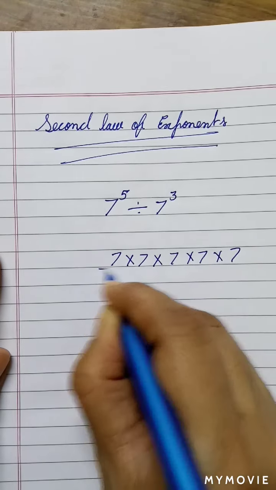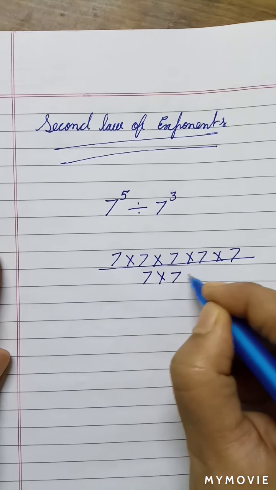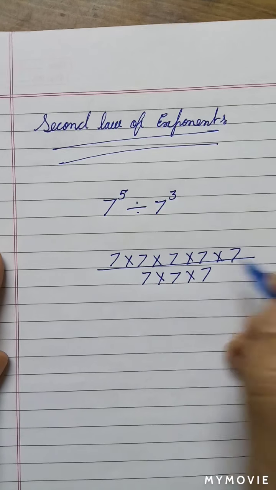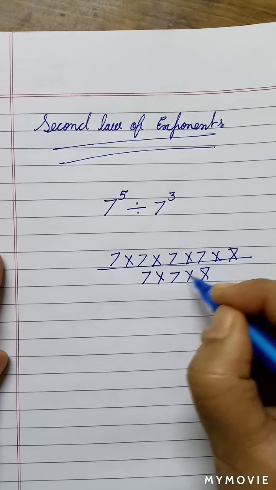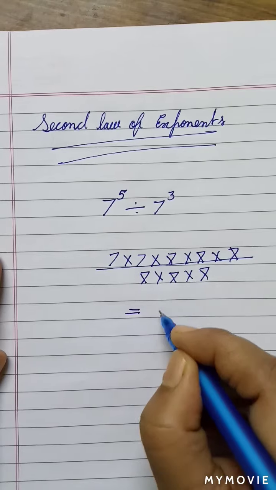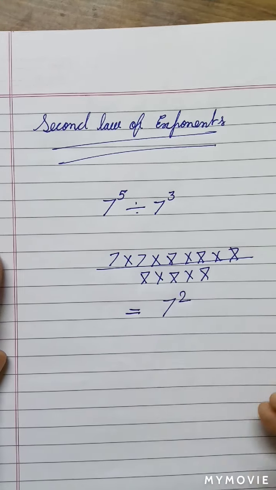This is what we do. And we divide it by 7 to the power 3. So in the denominator we will write 7 3 times. This 7 will cancel out with this 7, this 7 will cancel out with this 7, and eventually we are left behind with 7 to the power 2.